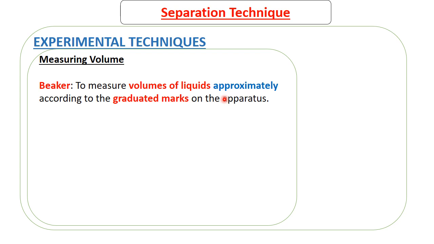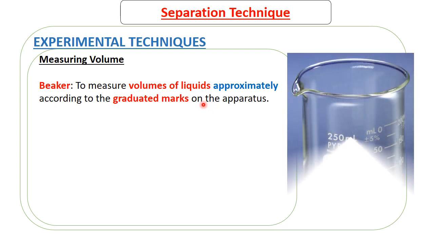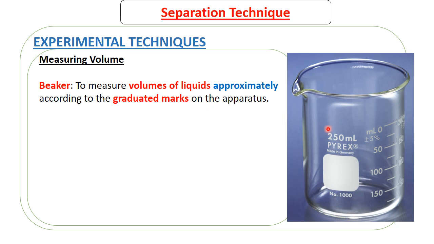That's how the beaker is. It also approximates. It doesn't give you an actual value because of the graduated marks on the apparatus. This is the beaker. If you look at this beaker, here are the graduated marks. If you pour some liquid in the beaker, and the surface of the liquid is here, how do you tell what value this is?